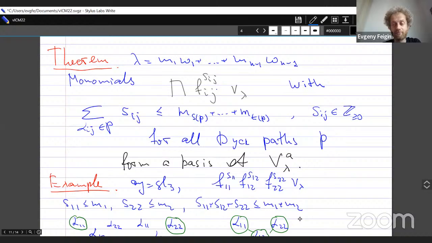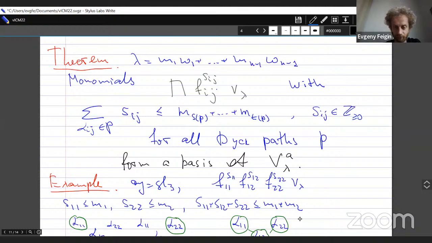We take a dig path P, and we associate to any such path a condition saying that if we take all ij's such that alpha ij belongs to P and sum up all the sij's with this condition, then the result should not be larger than the sum of the coefficients of lambda, m s of P plus m s of P plus 1, and then up to m t of P.